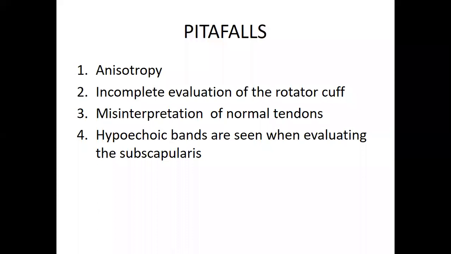What are the pitfalls? Anisotropy, I'll continue mentioning it. Anisotropy still comes in as a major pitfall. Incomplete evaluation of the rotator cuff may also make somebody not appreciate the structures that are involved. Misinterpretation of the normal tendons is also one of the major pitfalls in MSK.